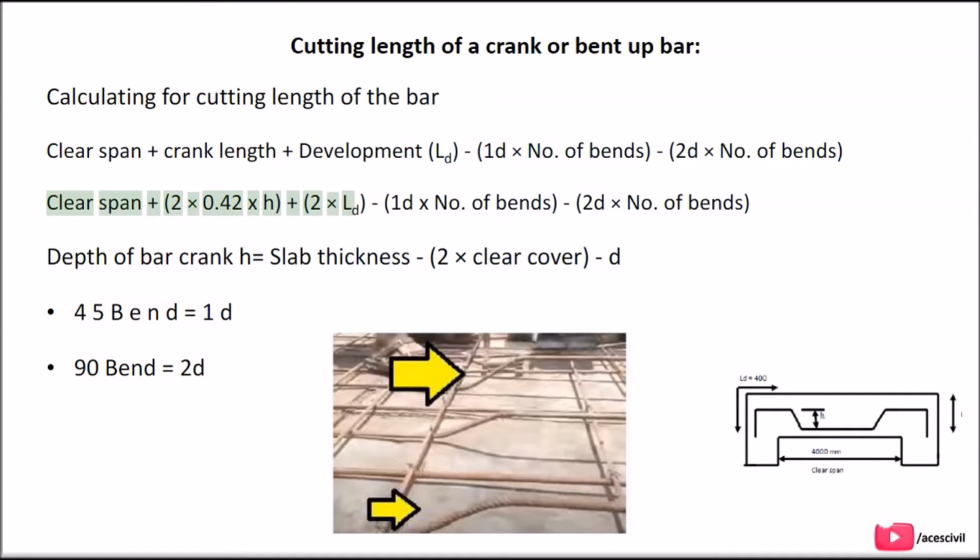Clear span plus 2 times 0.42 times h plus 2 times L_d, plus 1d times number of bends, plus 2d times number of bends. Depth of bar crank h equals slab thickness minus 2 times clear cover minus d. 45 degree bend equals 1d. 90 degree bend equals 2d.